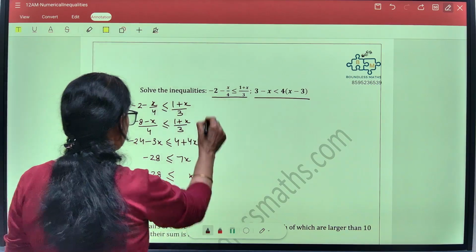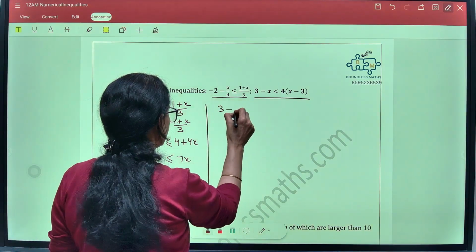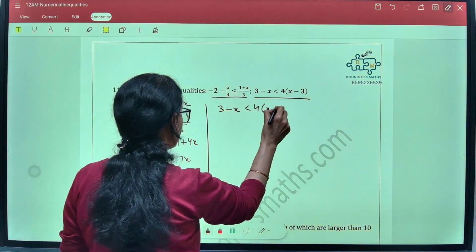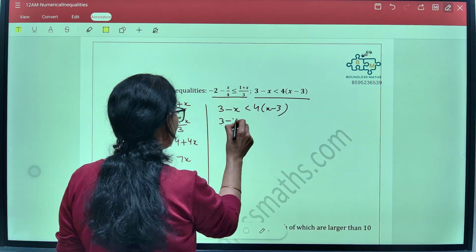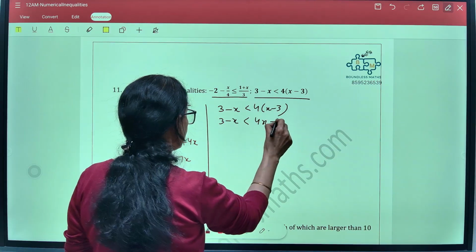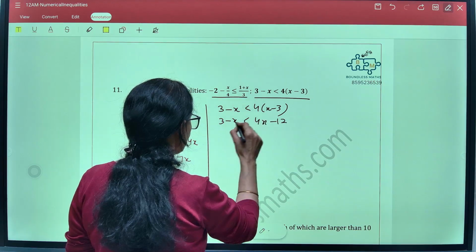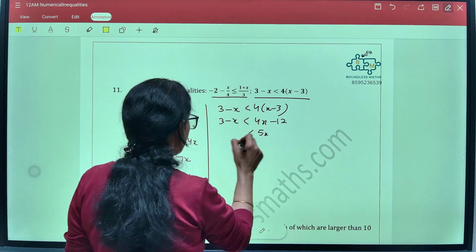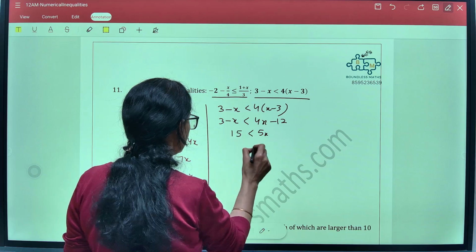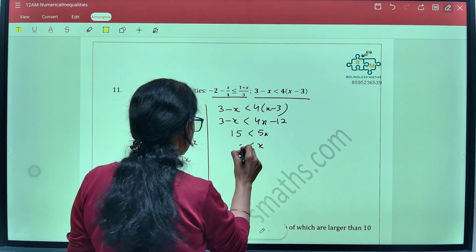Fine. Now let's solve the second part, second inequality. 3 minus x less than 4x minus 3. So it is 3 minus x less than 4x minus 4, 3 is a 12. Take x to the other side, it becomes 4x plus x, that is 5x, and this is 3 plus 12 becomes 15. So that means x is greater than 3.